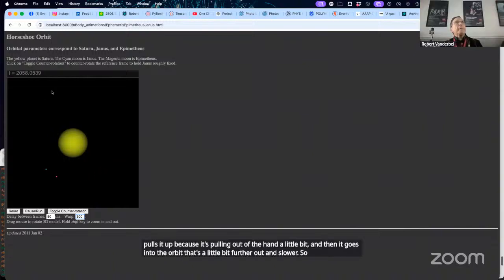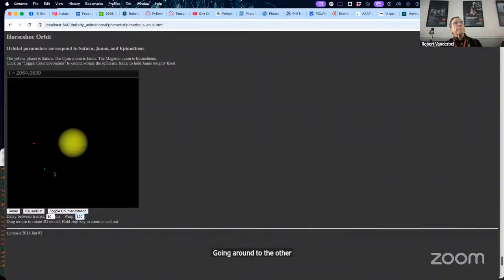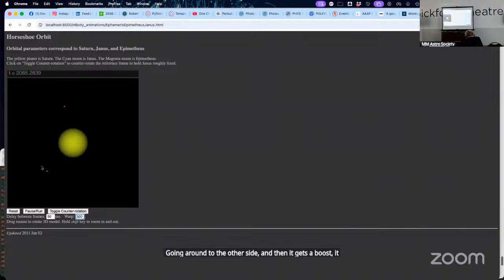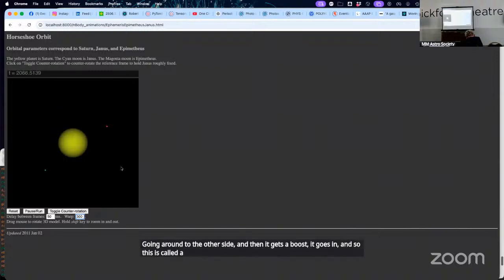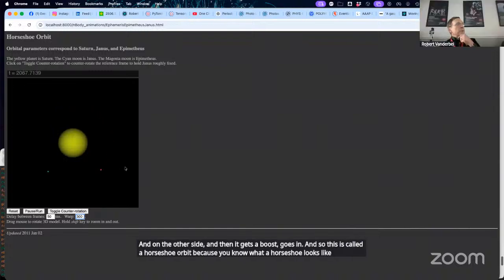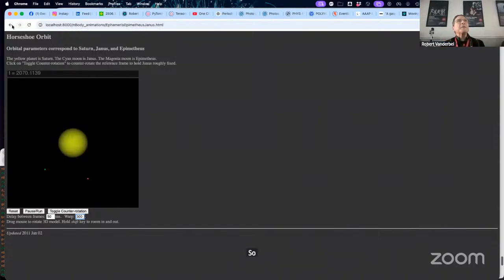So it comes faster, and then when it gets close to the planet it gets kicked up a little bit, and then it ends up going slower, going around to the other side, and then it gets a boost, it goes in. And so this is called a horseshoe orbit because isn't that what a horseshoe looks like? Kind of almost a circle, but with a piece of it missing. So that's the famous horseshoe orbit.